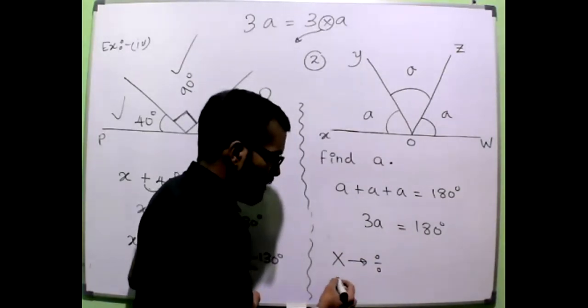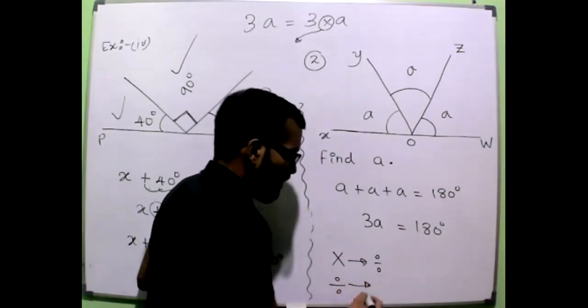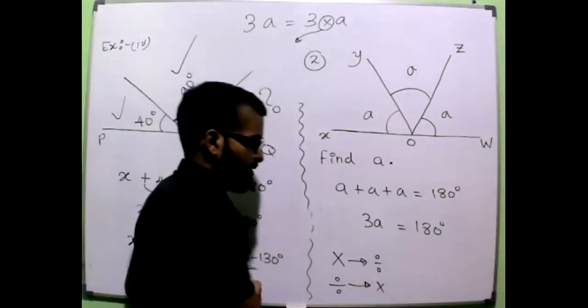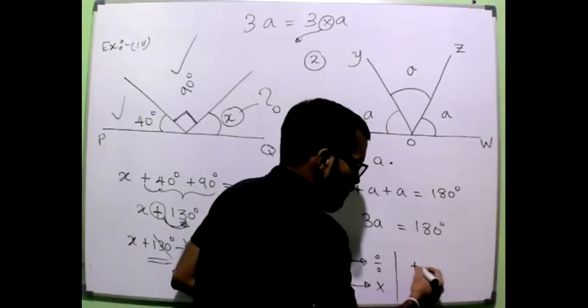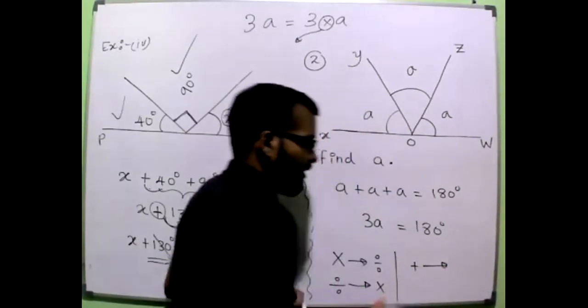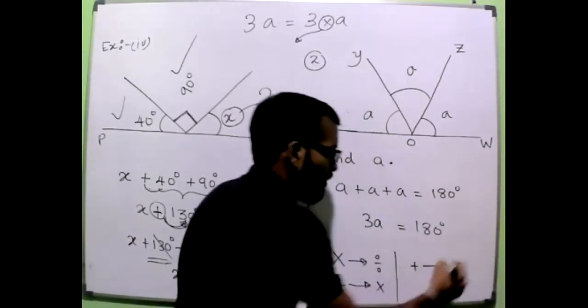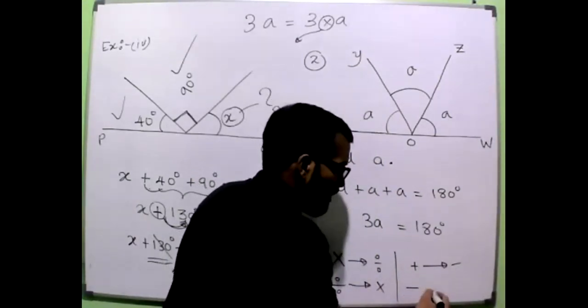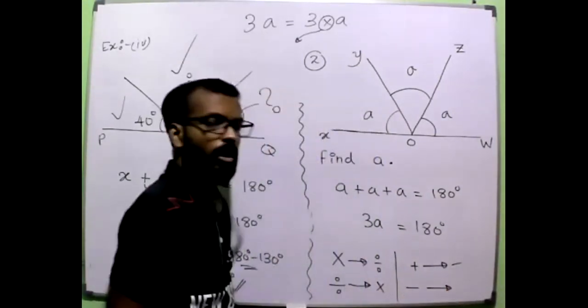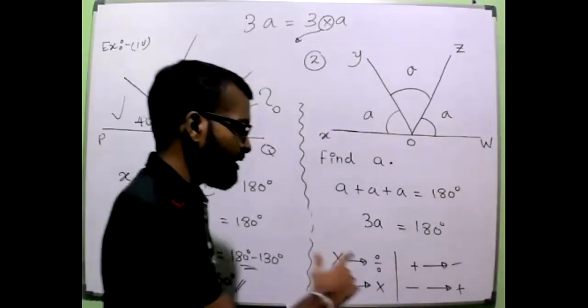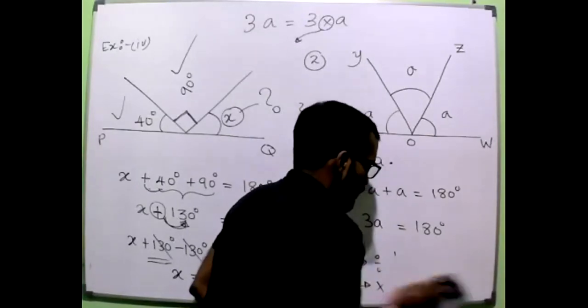If you see division, the opposite thing is multiplication. If you see positive, the opposite thing is negative. If you see negative, the opposite thing is positive, right? So this is the way that you are going to do it.